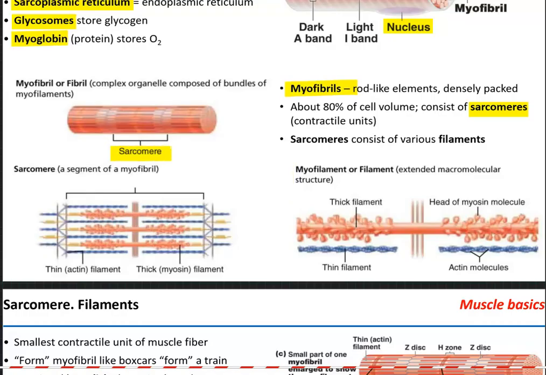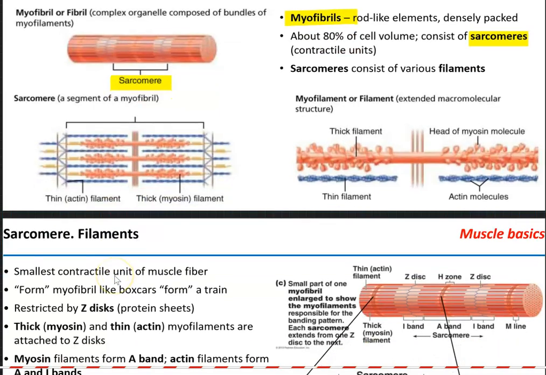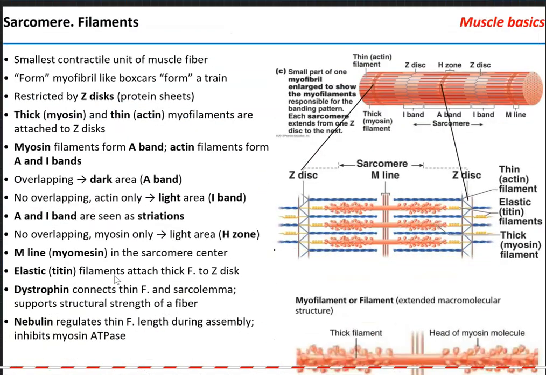I usually suggest for students to think about a myofibril as a train that consists of multiple cars, and each car is a sarcomere. Well, let's take a look at the composition of a sarcomere.